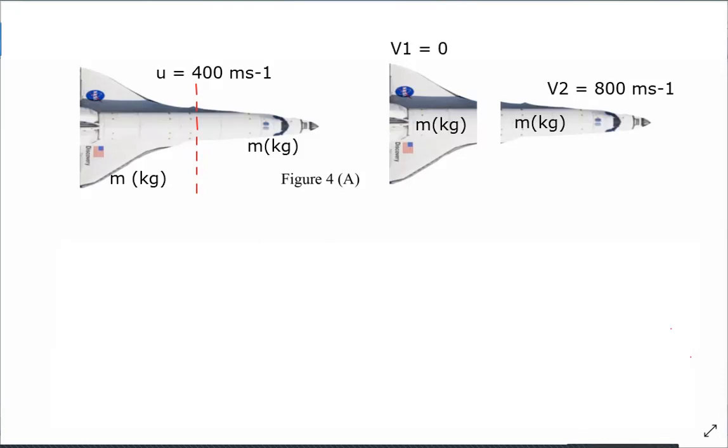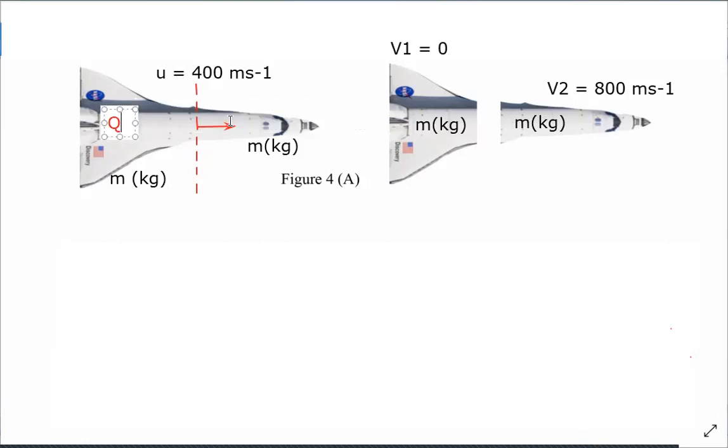During the explosion, the piece Q gives a force to P.